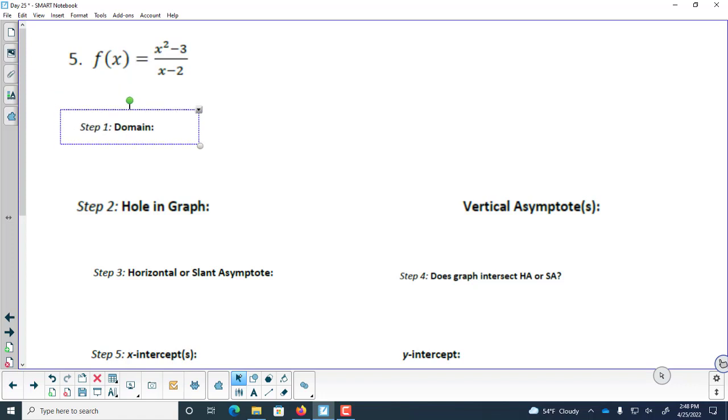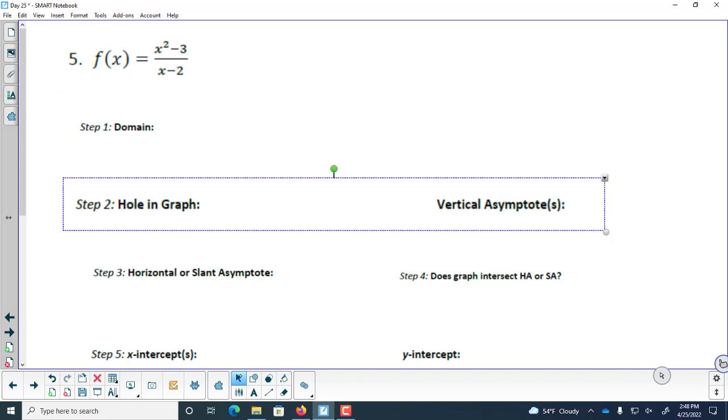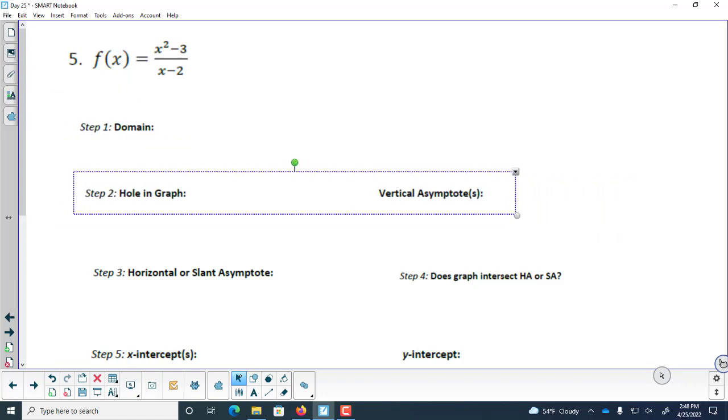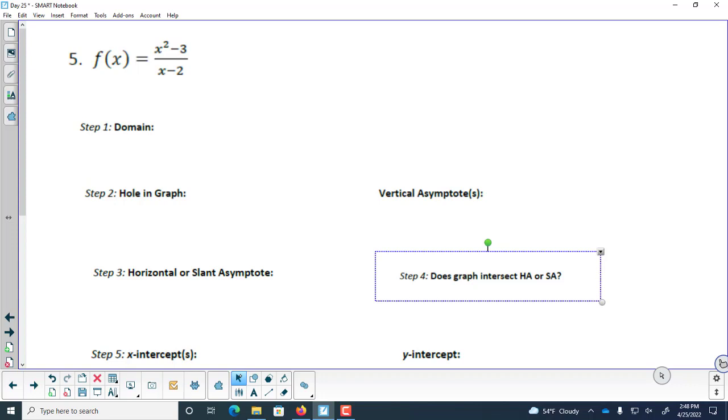All right, now, we're still going with the same rules, the same steps. If I want to graph this rational function, what does step 1 say to do? We're supposed to find the domain. So what do we look for if we want the domain? The denominator equal to 0.